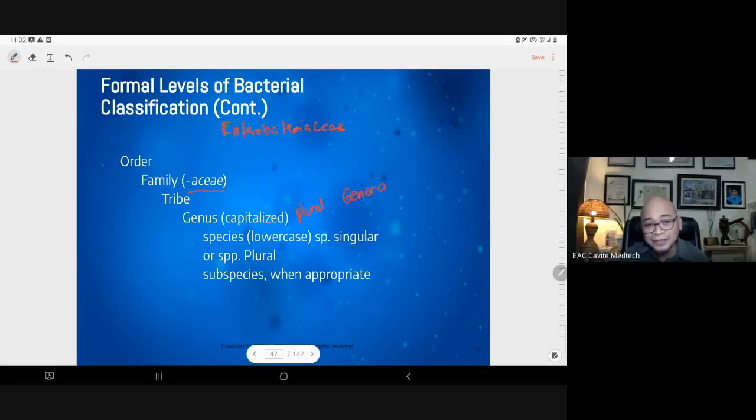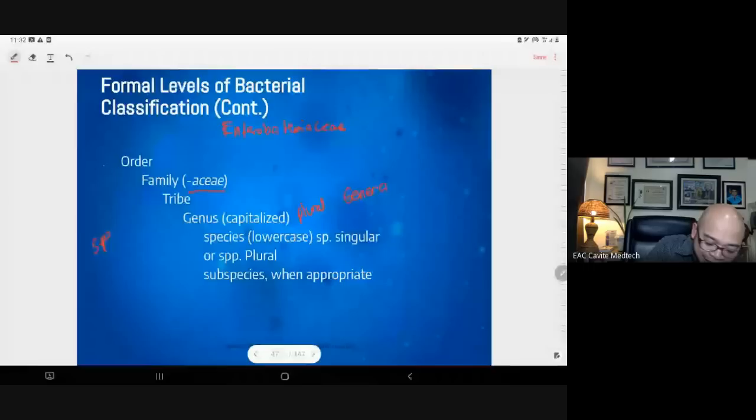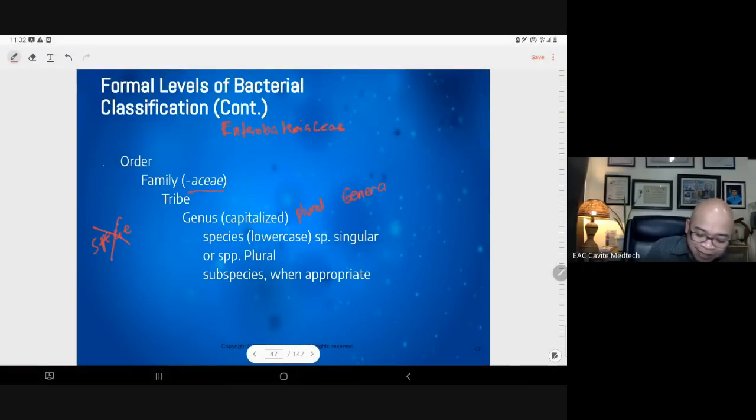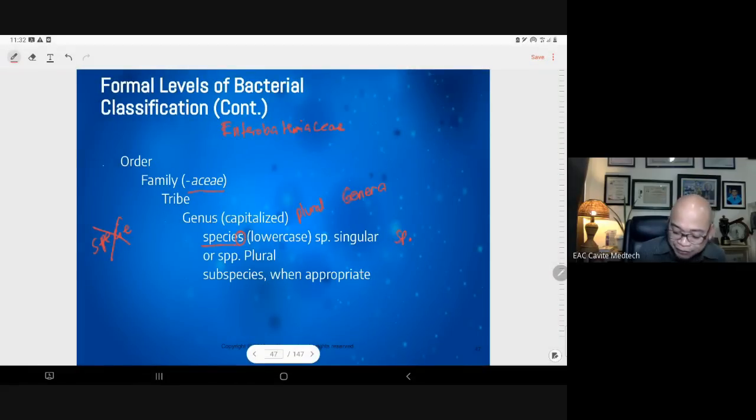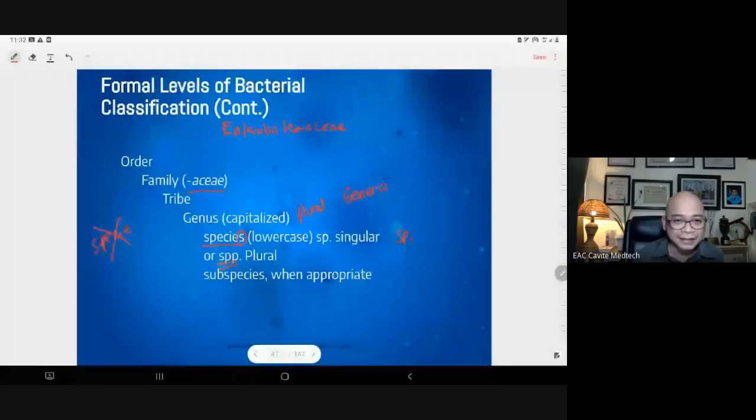And they are always written in lowercase. Now remember, there's no such thing as "specie". Never say specie. It is always with the letter S, species, because the singular form is written this one, and the plural form is written this one. Subspecies are written if appropriate, but not all scientific names would have a subspecies.